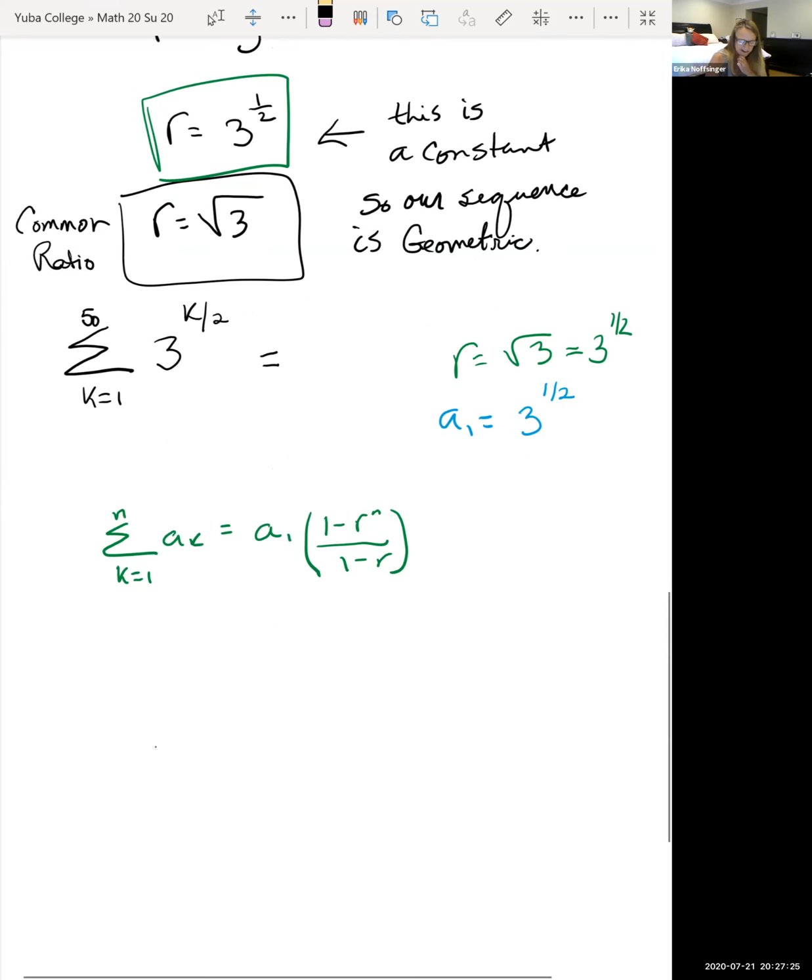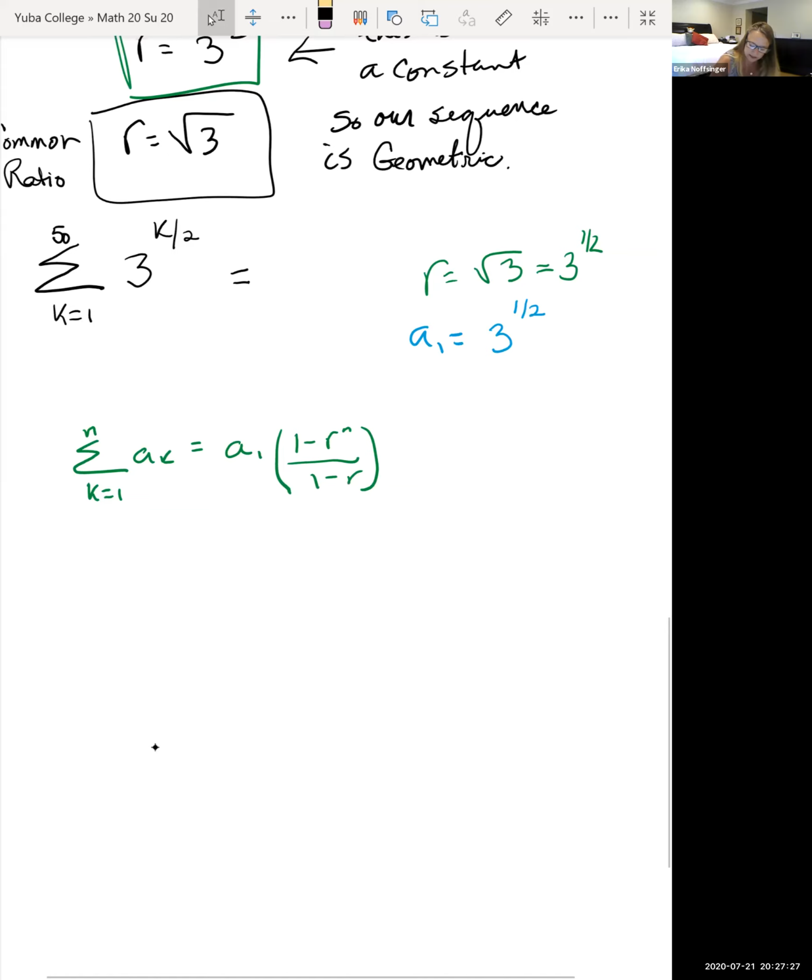So I'm going to go over here and plug in our values. This is equal to our a sub 1 term, which is 3 raised to the 1/2 power, all times the quantity 1 minus r raised to the nth, our nth power is 50, all over 1 minus r.